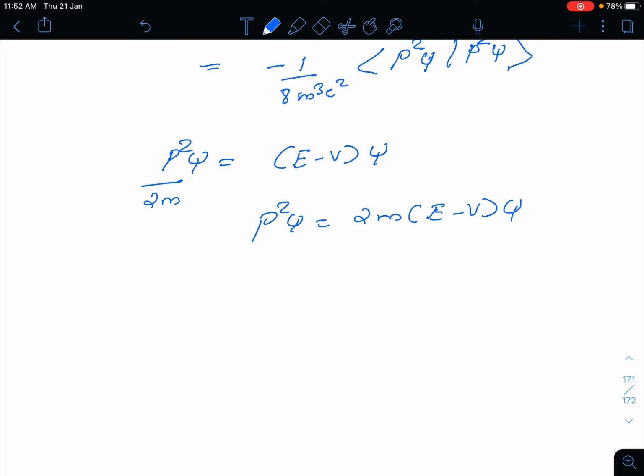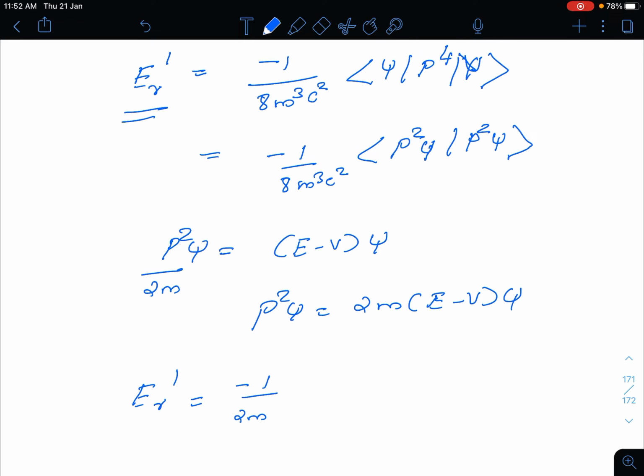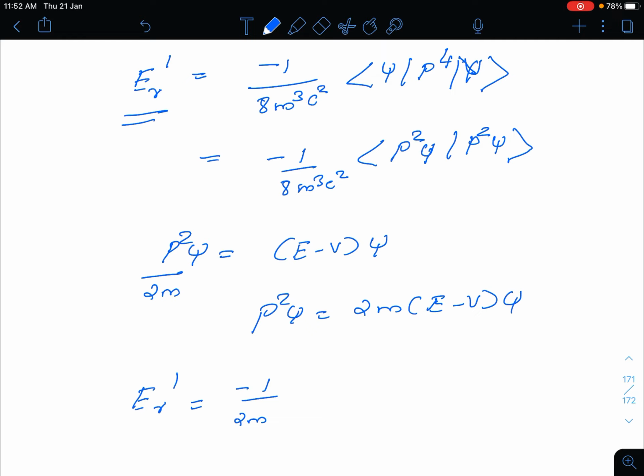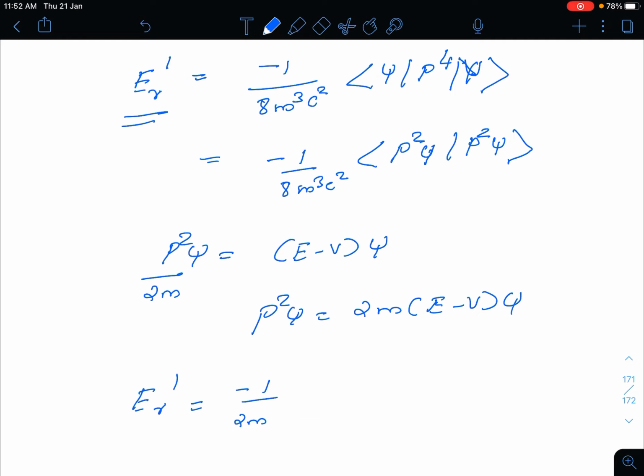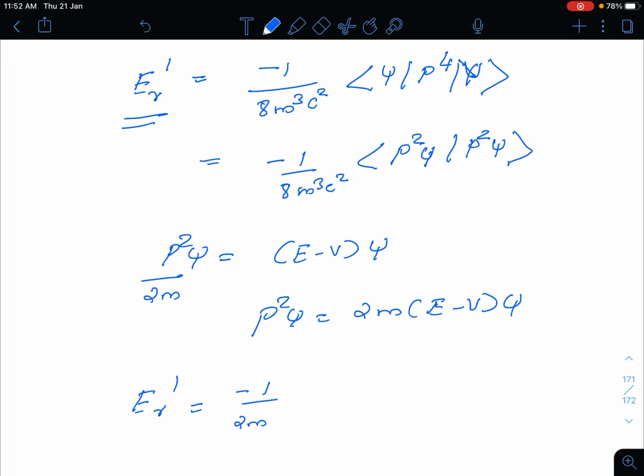So what you are going to get is E r first order correction is equal to minus 1 by 2m, minus 1 by 2m. There are two terms of p square psi. So that becomes, let us write it out.